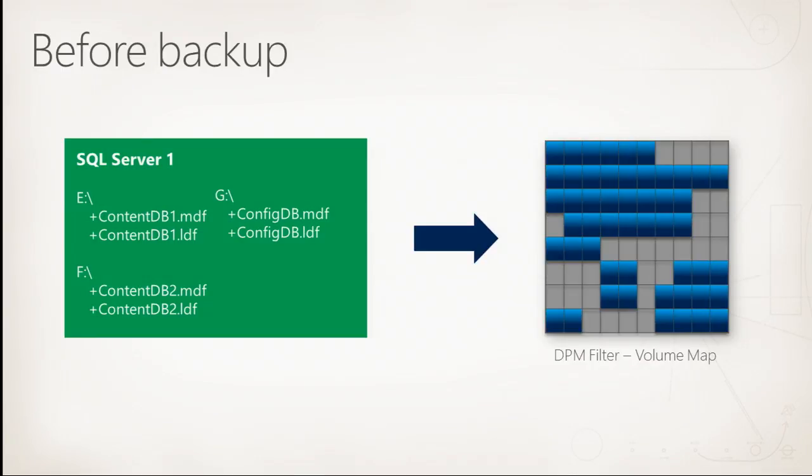The way DPM works is that we have something called the DPM filter, or volume map. This volume map lives in page pool memory, and it's used to keep track of what blocks are changing on the server. For every single block of data within these databases, we create an area in memory where, if a write happens, we switch a bit from a 0 to a 1.